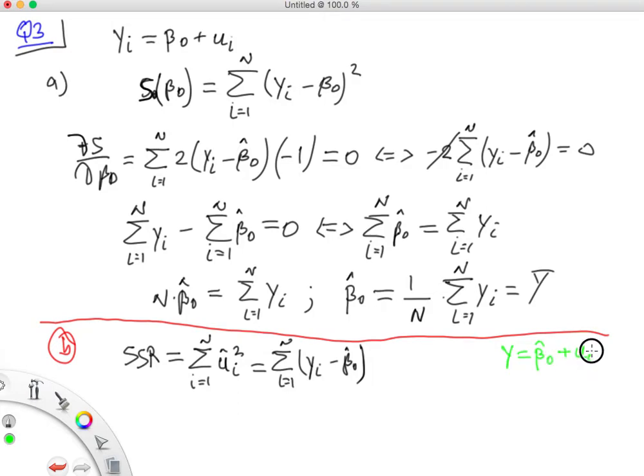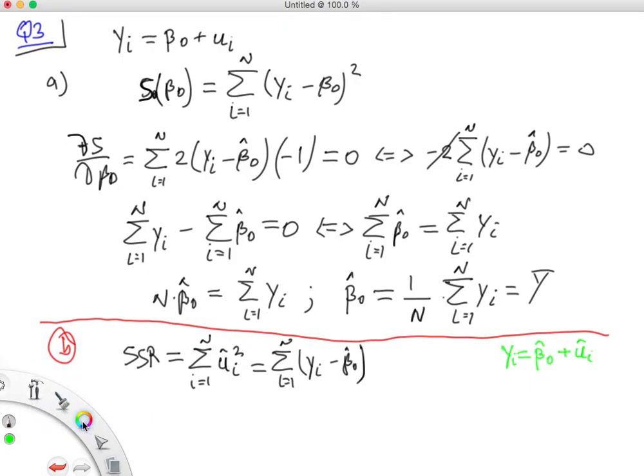ui hat basically. So I just solve this equation for ui hat. It will be yi minus beta 0 hat. So I just plug it in here, and then this square is missing, so we'll put the square there.